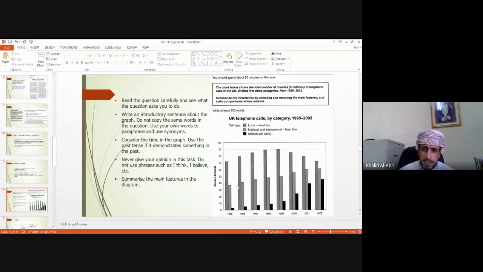And the third one is this one. So this has a different feature. We can see that in the first one there was an increase, but in the next one, a fall. You need also to write this in a separate paragraph using different years.